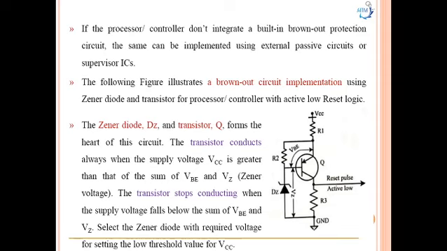The transistor conducts always when the supply voltage VCC is greater than the sum of voltage VBE and VZ, that is the Zener voltage here. The transistor stops conducting when the supply voltage falls below the sum of VBE and the voltage of the Zener diode. Select the Zener diode with the required voltage for setting the low threshold value for the VCC power supply here.